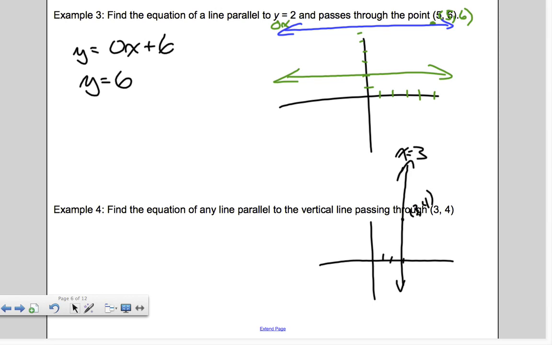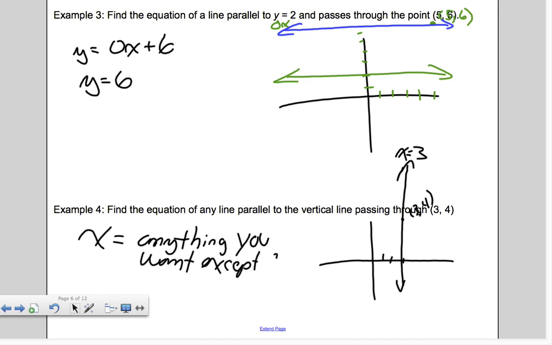So what's the equation of any line that's parallel to that? x equals something, like 3, 5, 3, 2. It's just anything you want except for 3, because x equals 3 is that same line.